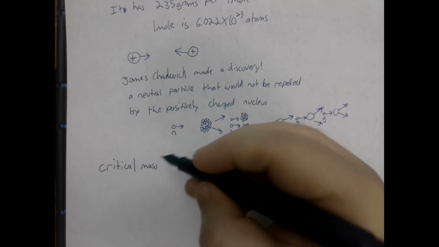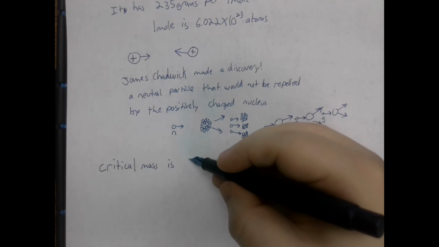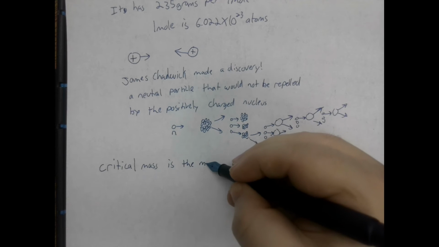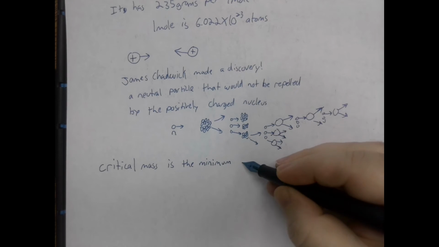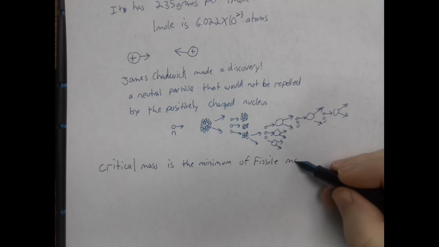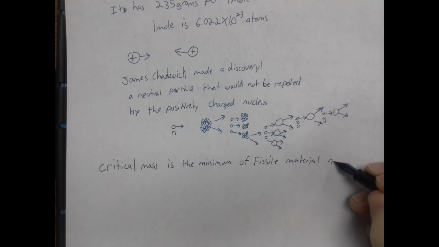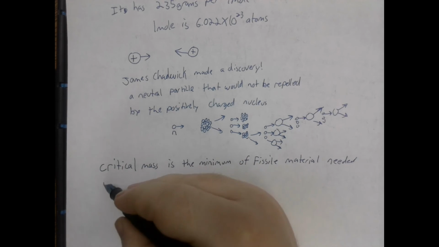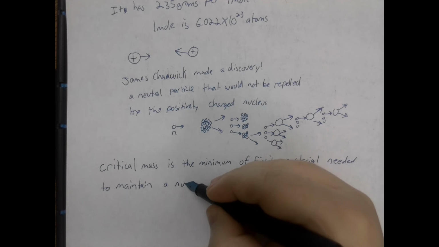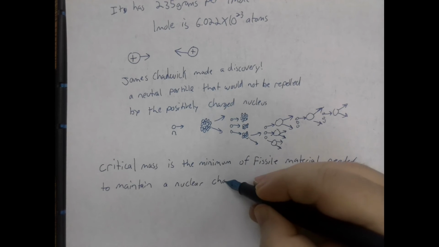Critical mass is the minimum amount of fissile material needed to maintain a nuclear chain reaction.